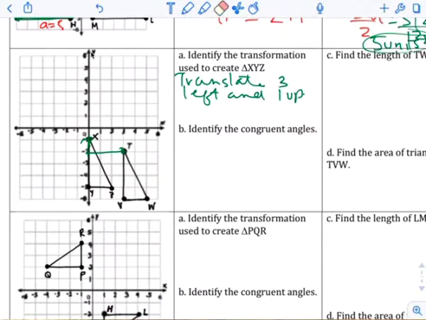Identify the congruent angle. Congruent is the symbol. Angles is the symbol. So angle T is congruent to angle X. And angle Z is congruent to, no, we start out with T first, so we need to start out with W first.